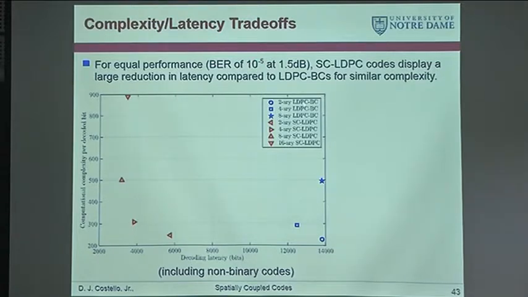And we look at different field sizes. The blues are the block codes, and the reds are the spatially coupled codes. The ones down at the bottom here show computational complexity again. This is still latency, the latency required to achieve this error rate at this signal-to-noise ratio.